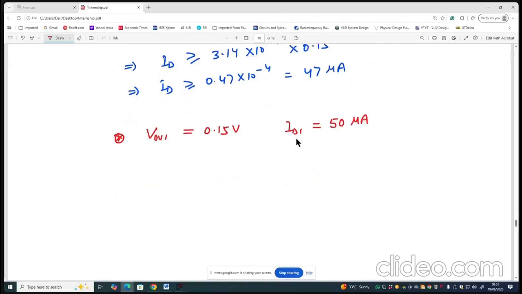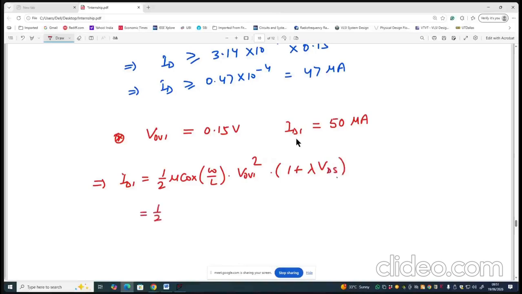So now we have the overdrive voltage of the M1 transistor and the current of the M1 transistor. So we can write ID1 is equal to half mu Cox W upon L VOV1 square into 1 plus lambda VDS.